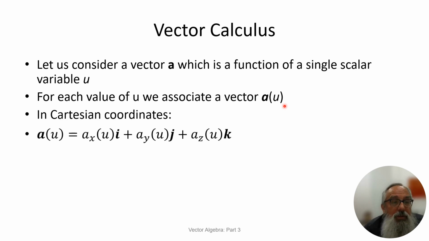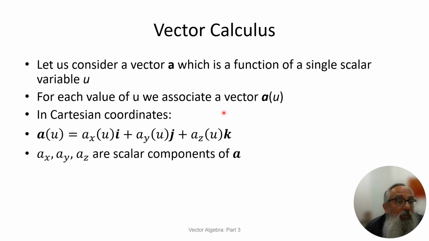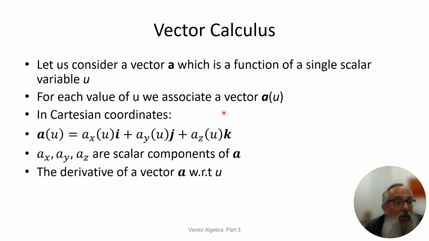And in Cartesian coordinates, we might write this down as the components of i, j, k. So Ax(u), Ay(u), Az(u). So those are the three functions of u for the vector. So the scalar components of u are the Ax, Ay, Az.